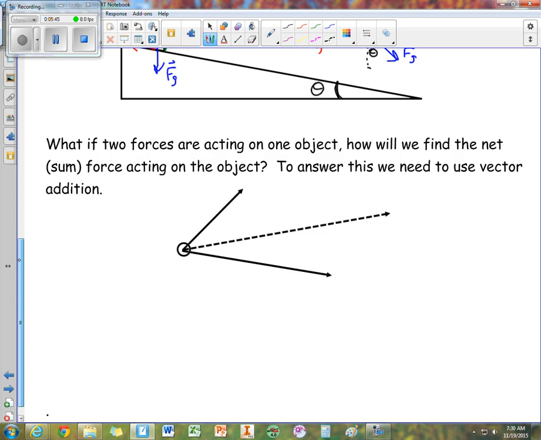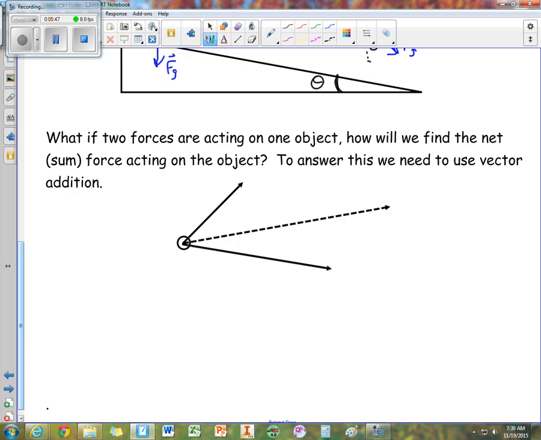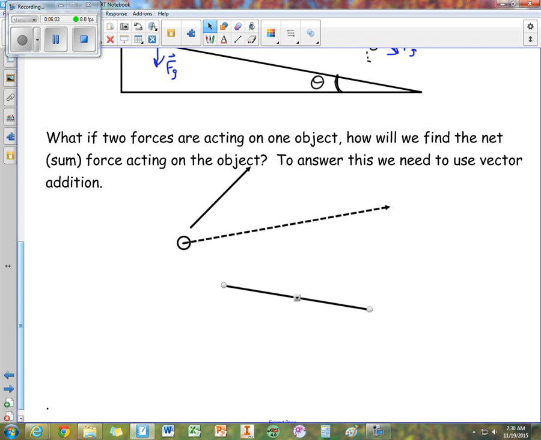Now, let's say we have two forces acting on one object. Well, we would want to know what their sum effect is, or their net force. And to answer this, we need to use something called vector addition. So, get these out of the way here. Let's say we have our object here.